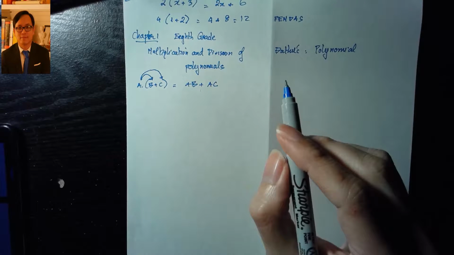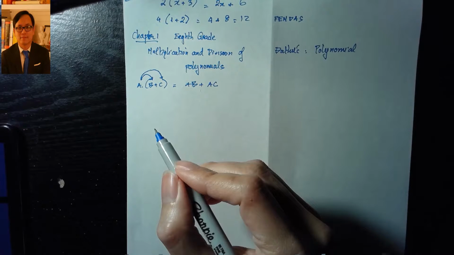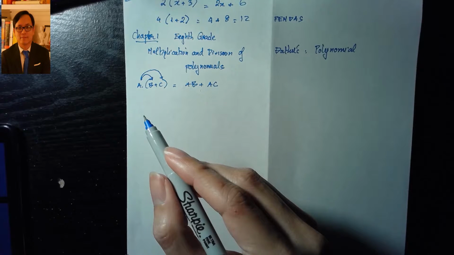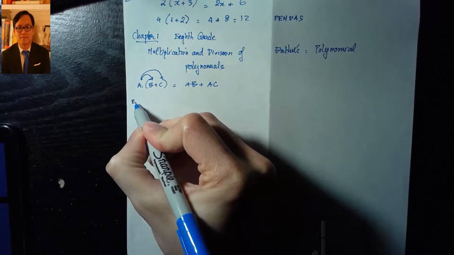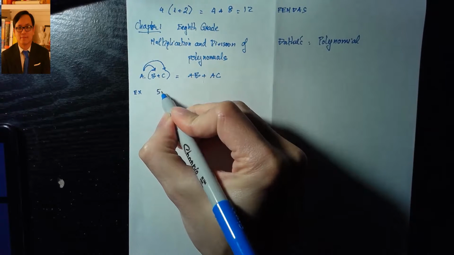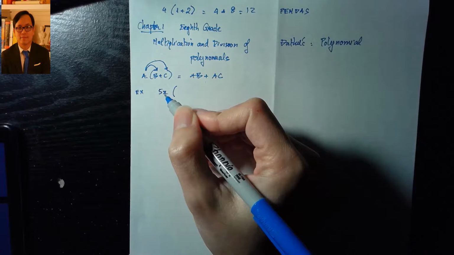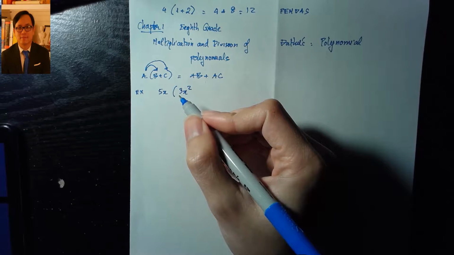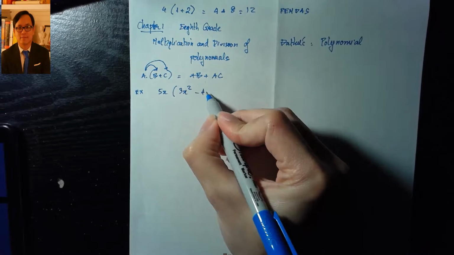And let me give you an example when we multiply two polynomials to each other. Example: we have 5x times (3x squared minus 4x plus 1).